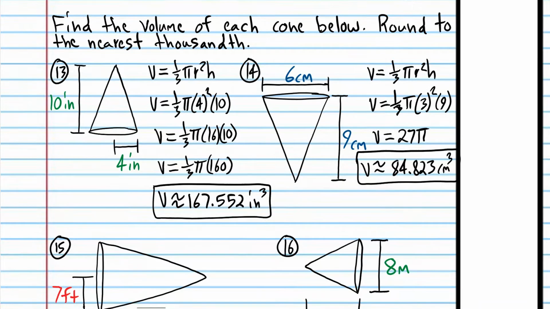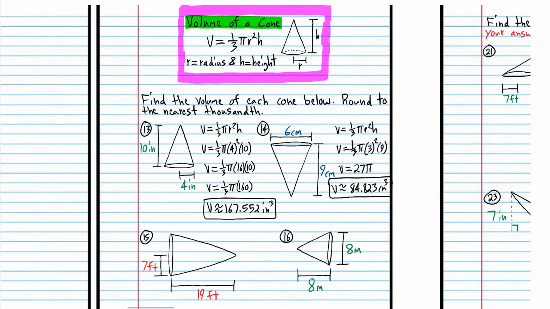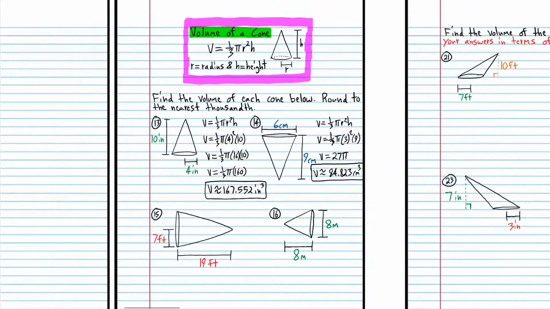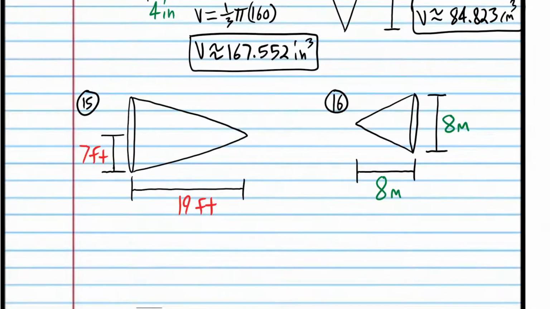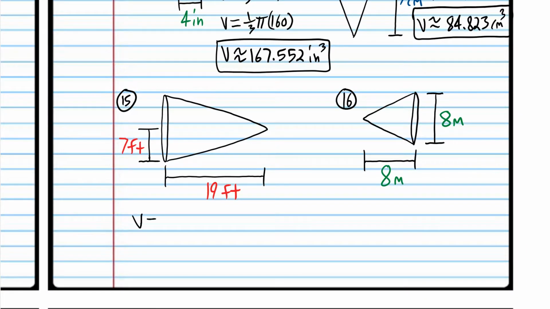All right, so why don't you try number 15. I got that formula there in the window, and when you come back, we'll do it together. All right, we're back. So the formula is volume equals 1/3 pi r squared times h, and you can just plug that into your calculator.